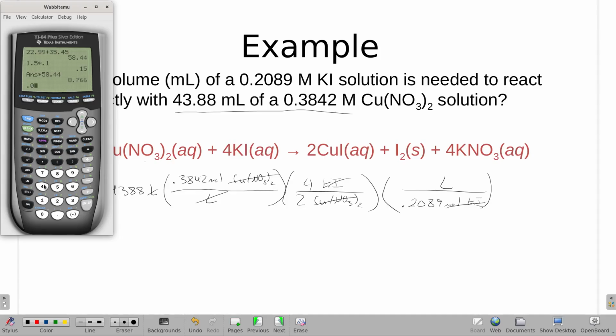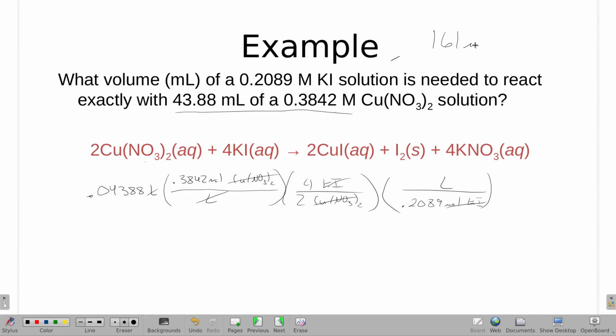So 0.04388 times 0.3842 times 4 divided by 2 divided by 0.2089. Now this is a volume in liters. My question asked for milliliters, so milliliters wise, this is 161 milliliters.